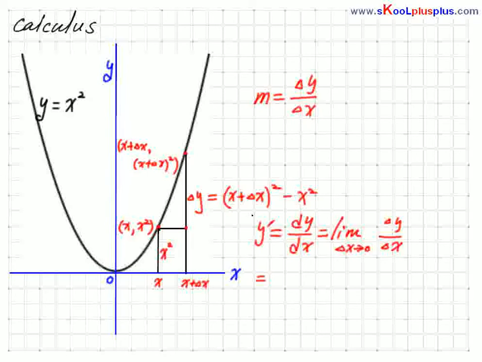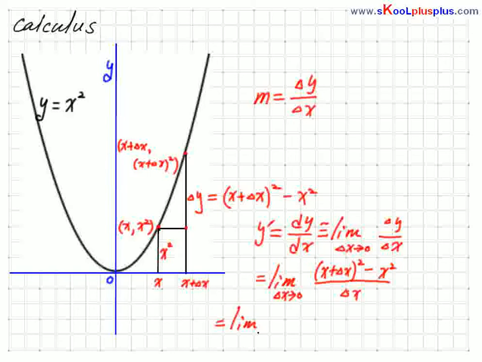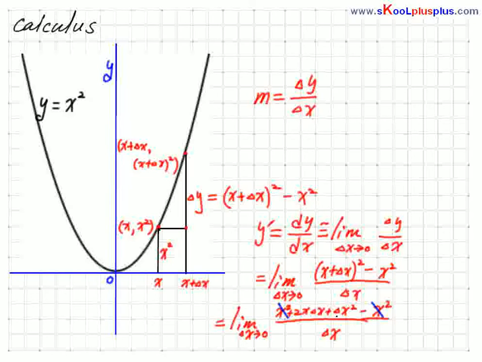So we're going to solve this one, so we just plug this one on the top and bottom. So the limit, as delta x goes to 0, then we're going to solve this one.